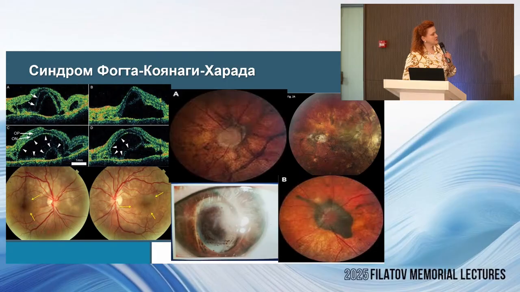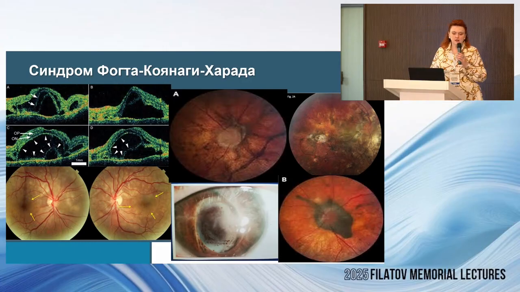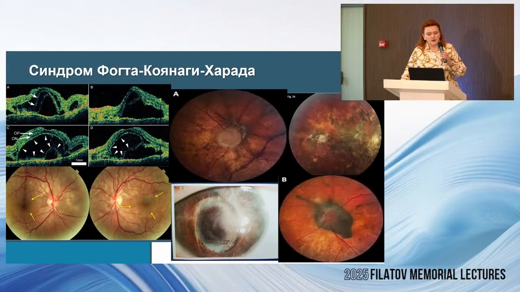This is how such a fundus looks at the final stage if a patient failed to be treated timely. This is a photo of one of our patients who is Crimean Tatar. Actually, Turks and Crimean Tatars suffer from this disease. She came to us with Vogt-Koyanagi-Harada syndrome, and she is still suffering from it.